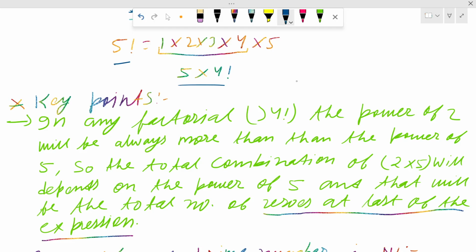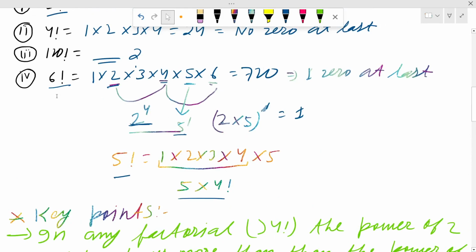So the total 2 into 5 combinations depend on the number of 5s, and that gives the total number of zeros at the end of the expression. For 5 factorial and 6 factorial, the number of zeros depends on the 5 only.